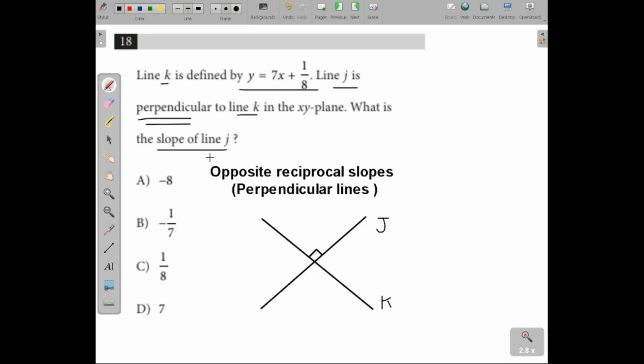And to find the slope of line J, knowing that these are perpendicular lines, we can use this formula. So the slope of line J will be equal to -1 divided by the slope of line K. This is the formula we'll use. So what's the slope of line K? It's 7.